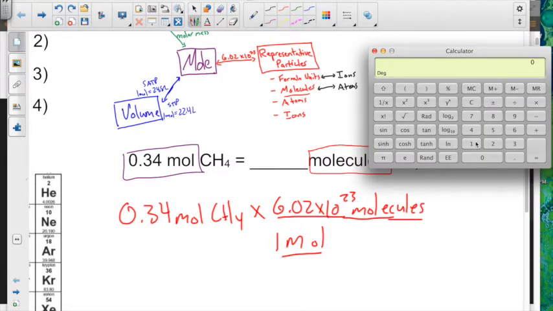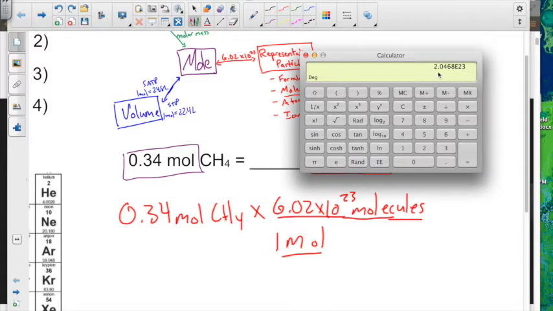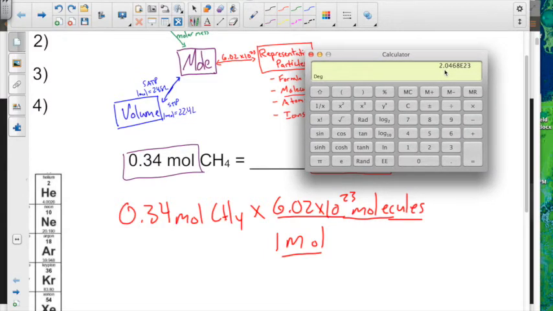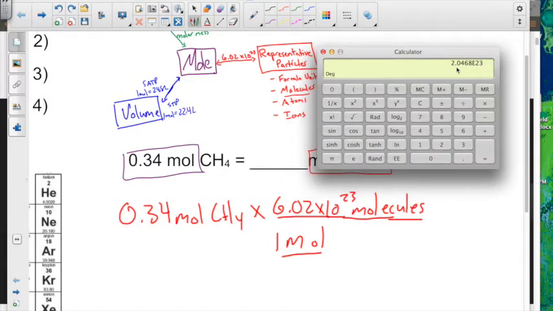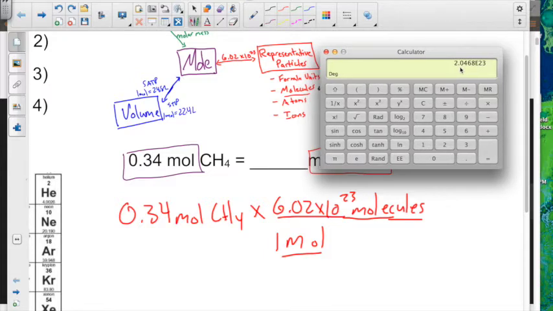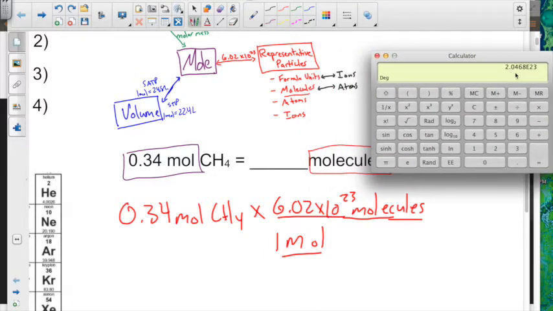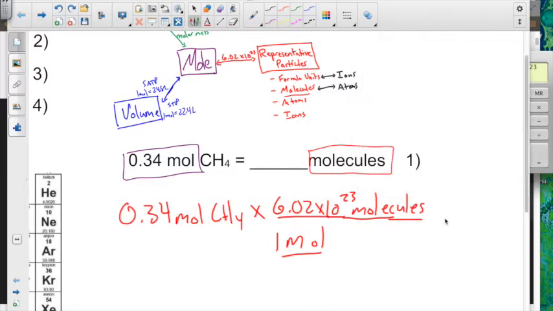So let's do this. We have 0.34 moles of CH4 times 6.02 times 10 to the 23, and that is our answer right here. We have 2.0468 times 10 to the 23. Because we only have two significant digits given to us, let's just keep this as 2.0 times 10 to the 23.